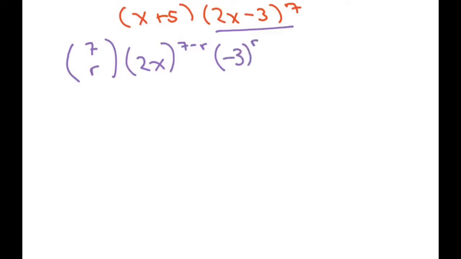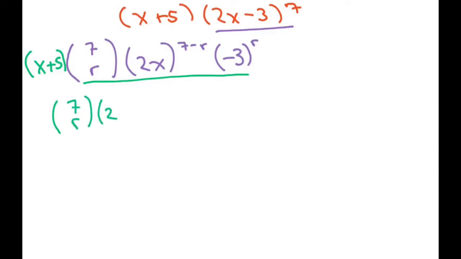And what I want to do is multiply this thing by x plus 5. So I'm going to take x times all of this. So I'm going to copy that down. 7 choose r, 2x to the 7 minus r, -3 to the r, times x.